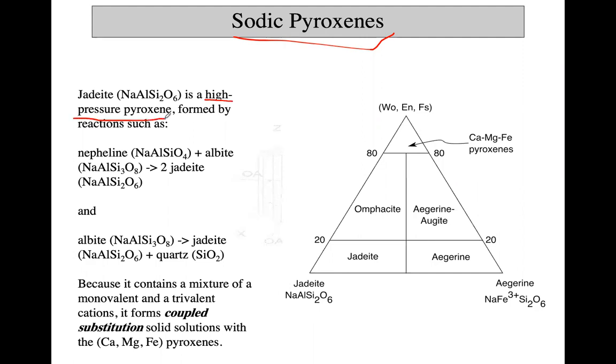In the Earth's subduction zones, the oceanic plate is subducting beneath the continental plate. So when the protolith or whatever sediments or materials are being subducted have a sodium component, aluminum and silicon are usually there in sediments.